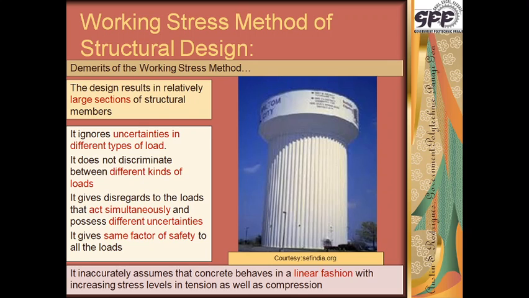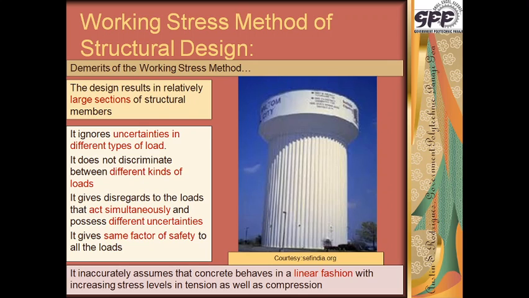It also disregards the loads that act simultaneously and possess different uncertainties. The wind load may be acting on one face, it may not be acting at the same time on the opposite face. The working stress method does not take into account that part. It looks upon all the loads acting together and acting with the same values. It also gives the same factor of safety to all the loads.